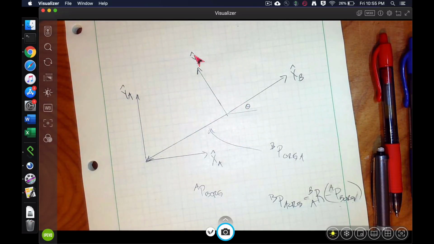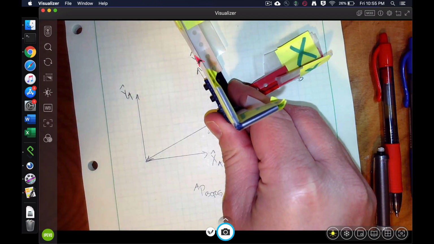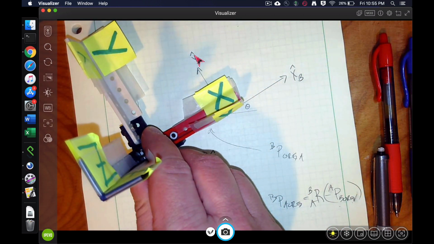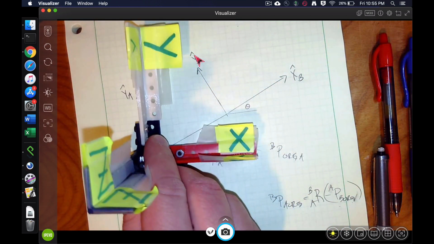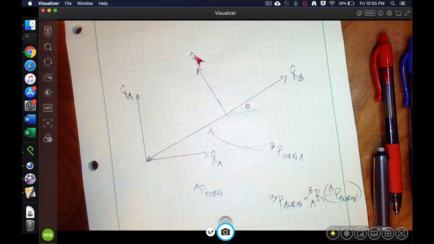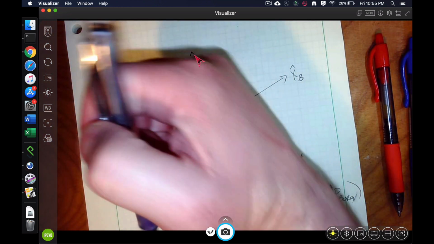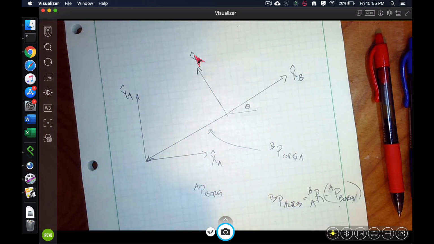So if I think of it that way, I'm starting here, I'm translating like this, and then I'm rotating in the opposite direction of the other mapping. So not only is my translation going in the opposite direction, my rotation is now also in the opposite direction.